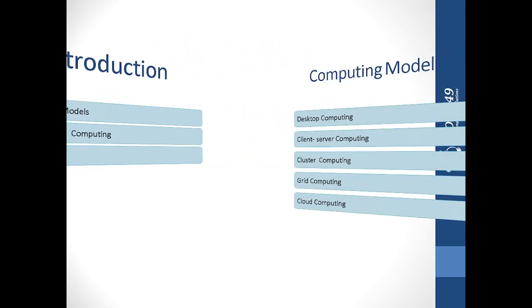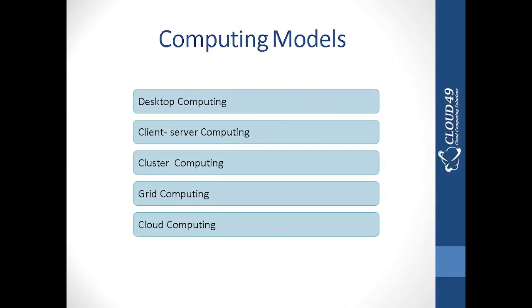Now, firstly we need to understand the computing models. Here you can see we have five models. The first is desktop computing, second the client-server computing model, then the cluster computing model, the grid computing model, and the cloud computing model.